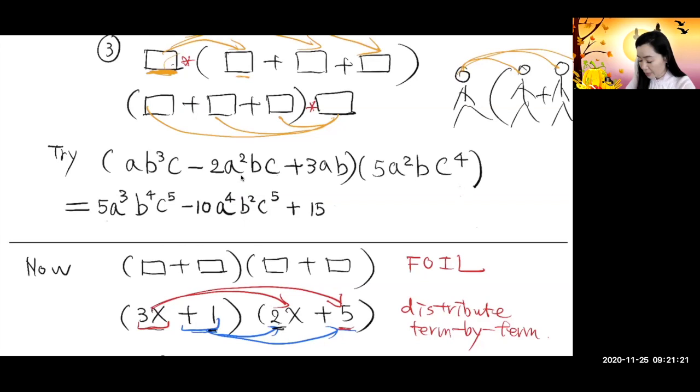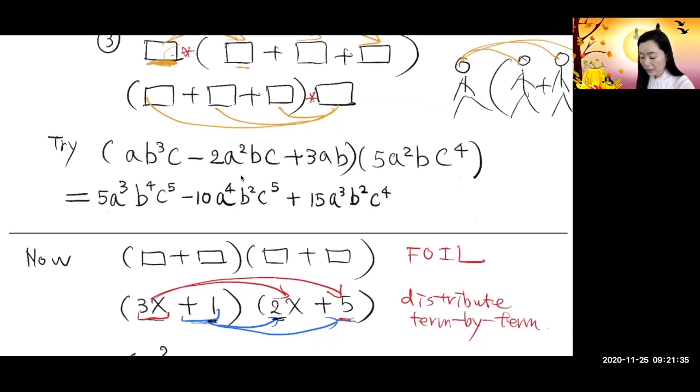A times a squared is a cubed. B times b is b squared. And then c to the 4 here, because there's no c in this term. So that's how you do it. You multiply this monomial with this trinomial, taking turns to multiply every term inside the parenthesis.